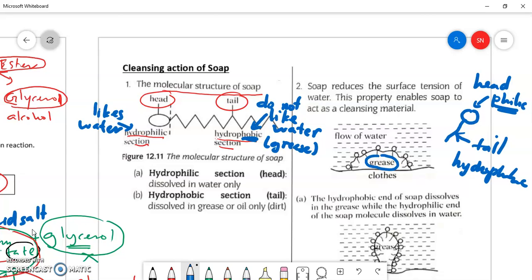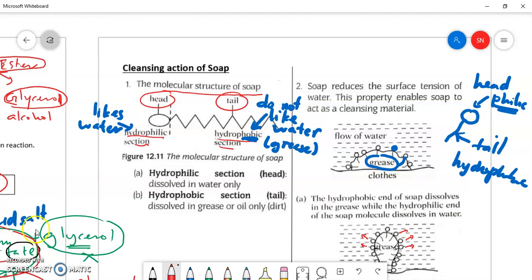So this part here is hydrophilic and the tail part is hydrophobic. So what happens here, eventually the water will pull the section which is hydrophilic. The head part, which is hydrophilic, will be pulled by the water, and that will cause the grease or the dirt to be pulled out from the clothing or the fabric.